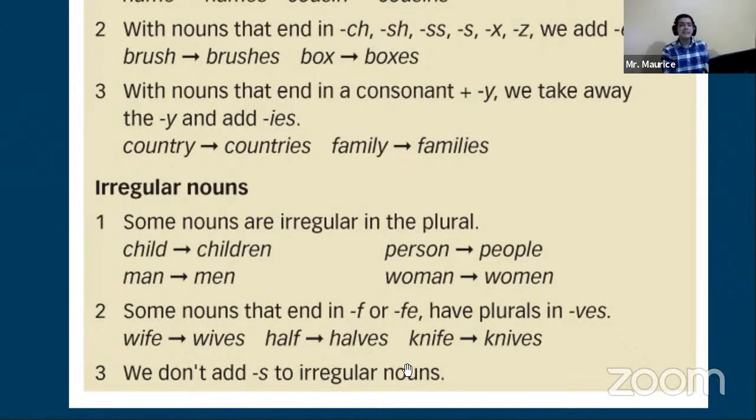Those nouns that end in the letter F, we switch the F for V and we have the plural VES. For example, wife. Wife means esposa, wife, wives, half, halves, knife, knives. Nice. You see, that is the plural.